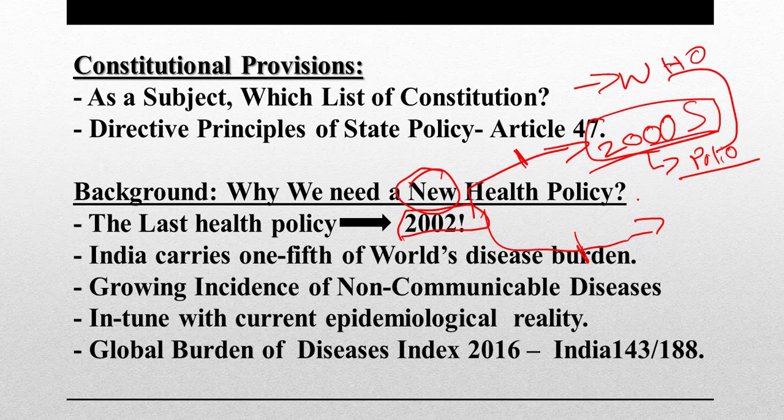So hence a new policy is required. The 2002 policy was enacted in the backdrop of the Millennium Development Goals, to achieve them in terms of maternal mortality rate and infant mortality rate. So that was the idea.